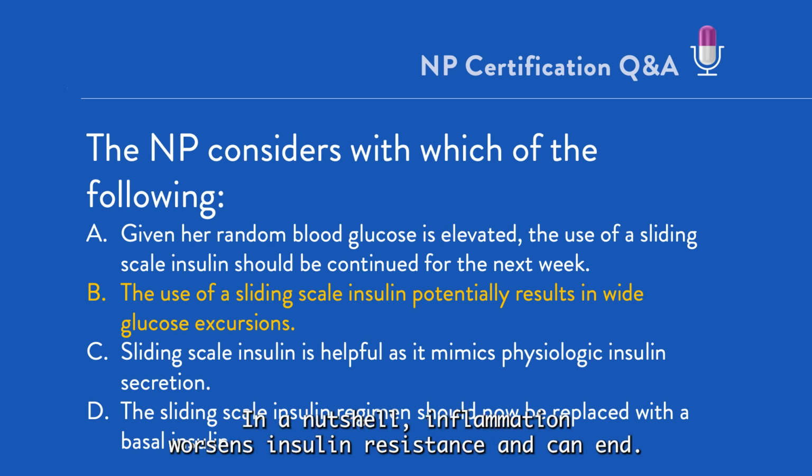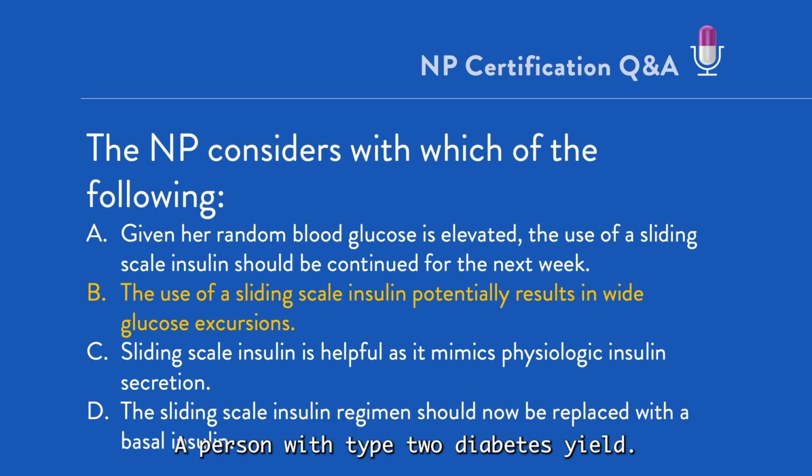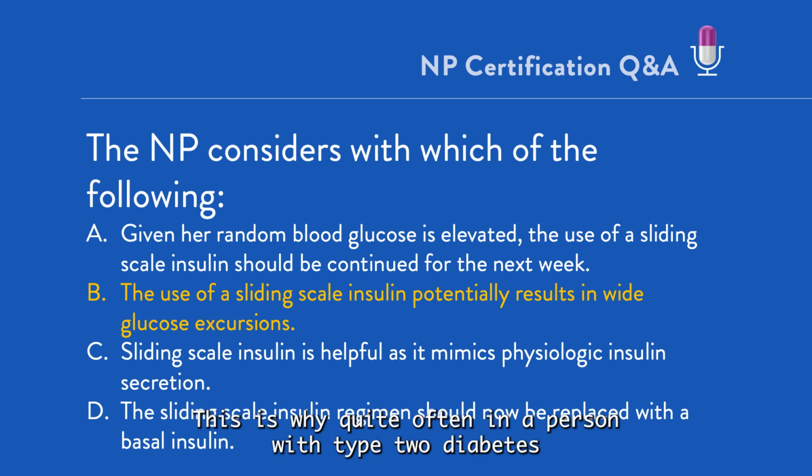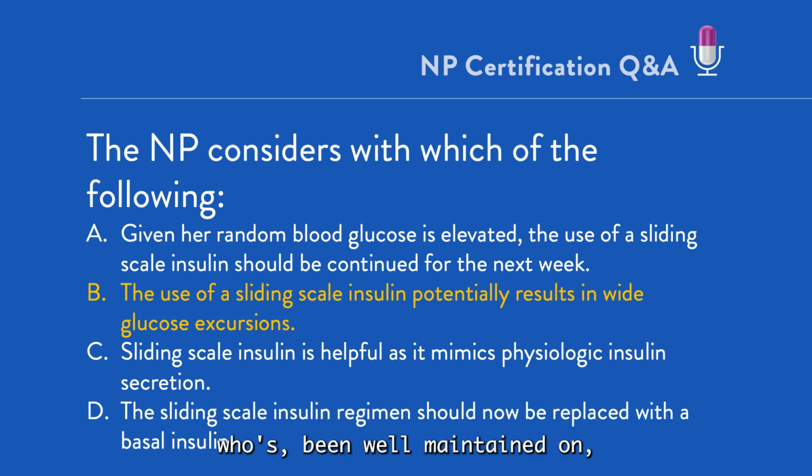In a nutshell, inflammation worsens insulin resistance and can, in a person with type 2 diabetes, yield reduced pancreatic insulin production. This is why quite often in a person with type 2 diabetes who's been well maintained on day-to-day medication, as mentioned here, suddenly she has poor glucose control.